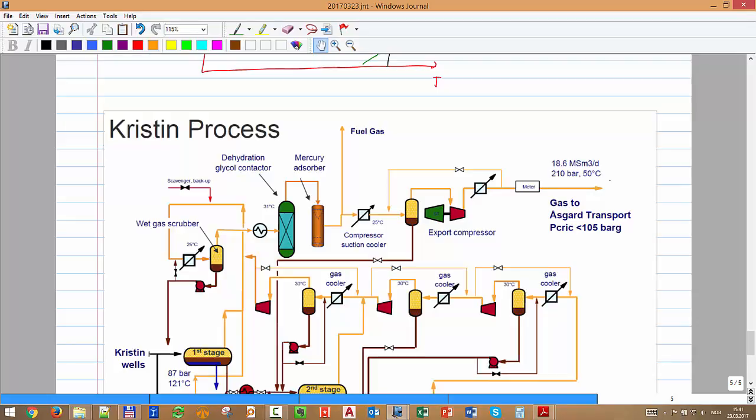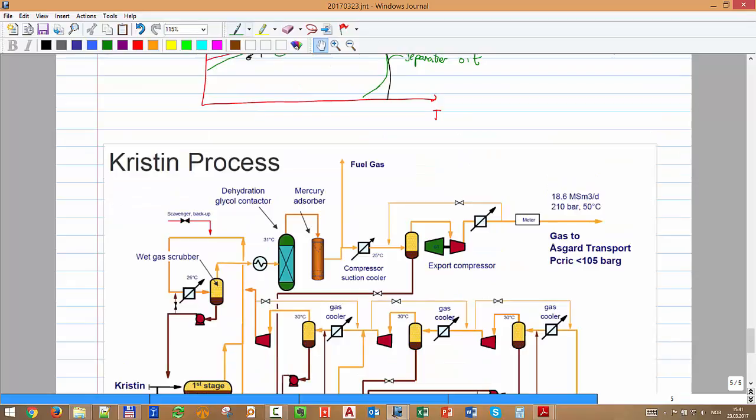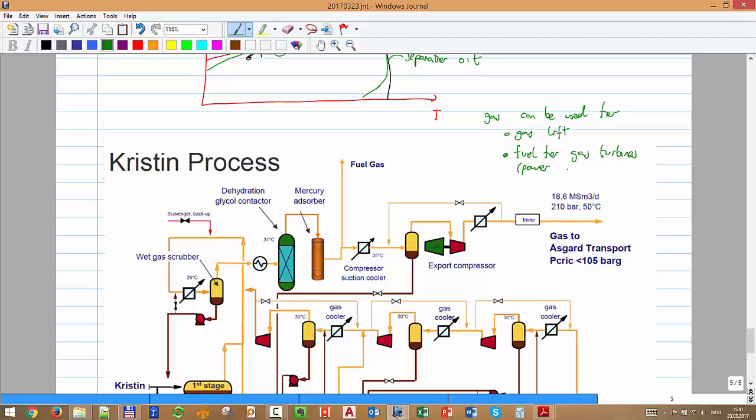But remember also, the gas can be used for gas lift. I can use it also for fuel for the gas turbines that give power for all equipment.